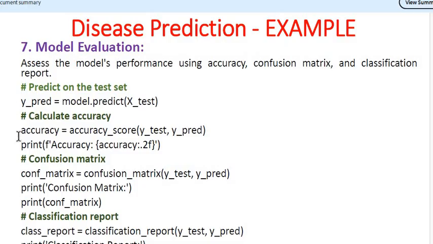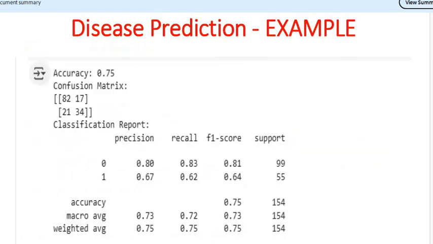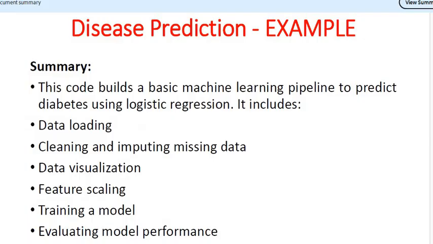Calculating the accuracy, calculating the confusion matrix, and finally we are giving the classification report. Okay. So in this summary, it will build a machine learning pipeline to predict on the diabetes dataset using the logistic regression machine learning algorithm. In this case study, we are using logistic regression on the diabetes dataset for disease prediction.